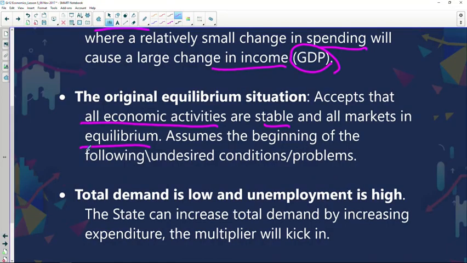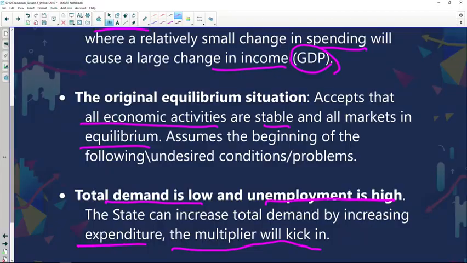The next point looks at total demand. The total demand is low and unemployment is high. So the state can increase total demand by increasing expenditure, so they're spending more money, and the multiplier will kick in, because the more money you spend, the more income households will have, and that will increase economic activity.